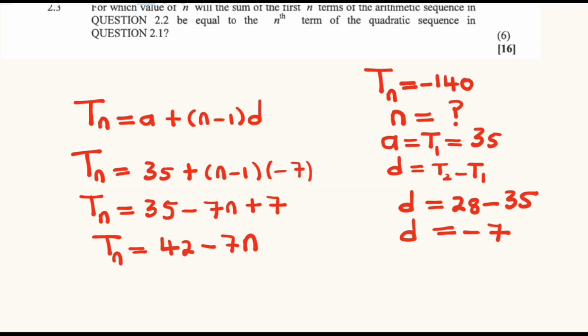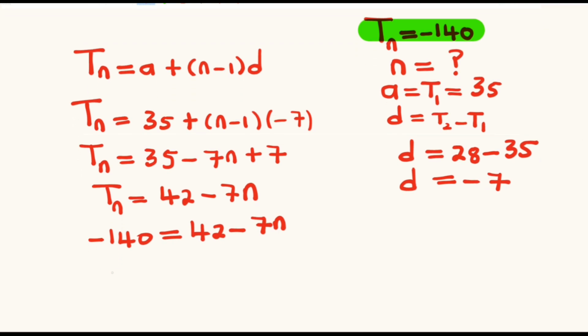So now we determine the n. In the place of the Tn, we are going to substitute negative 140. Negative 140 in the place of the Tn will be equal to 42 minus 7n. We take the positive 42 to the left.